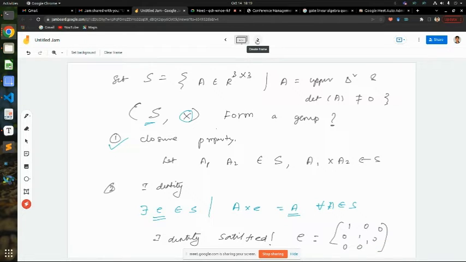Sorry about this structure. Basically, convince yourself that this identity matrix is also a valid element of the set. Why? Because it is also upper triangular in nature and its determinant is equal to 1, which is non-zero. And we know that any matrix multiplied by identity is itself, and that is why the identity property is satisfied. Now, the moment you satisfy this property, the considered set, that is S comma multiplication, will become a monoid.